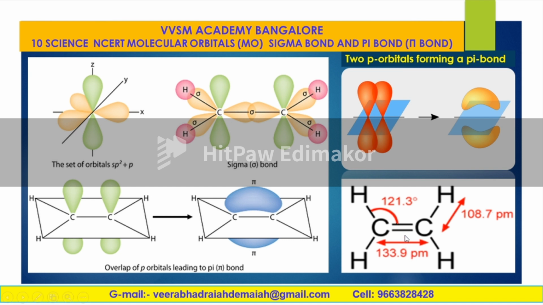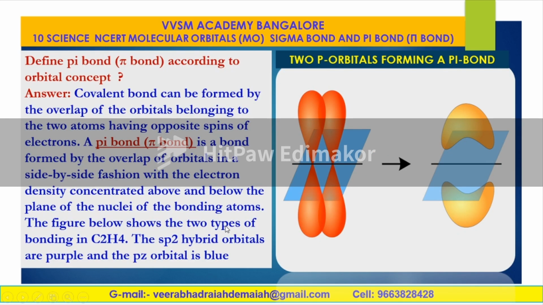For example, in the structure of ethylene, 121.3 degrees, the bond length is 133.9 picometers and 108.7 picometers. Pi bond, this is the pi bond formation, concentrated C2H4. The sp2 hybrid orbitals are purple and the pz orbital is blue.